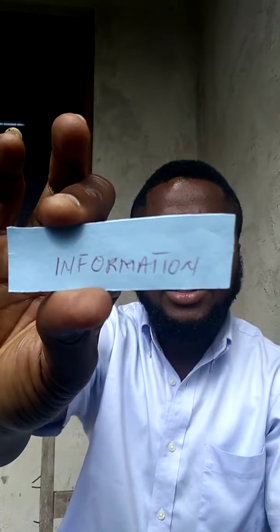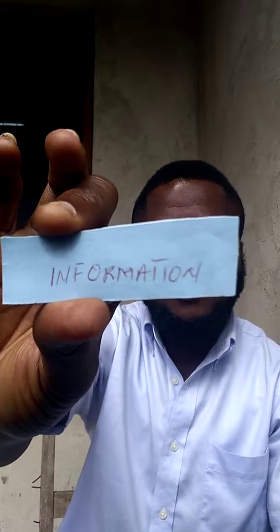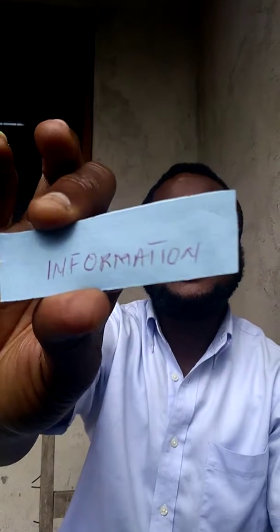Now, first of all, we look at ICT, that is the I under the ICT. Now, when we talk of the I, it stands for information. Information. Now, what is information?